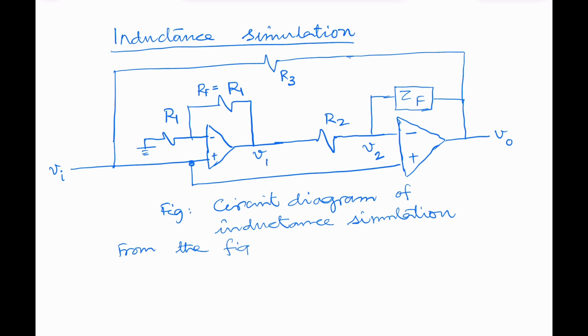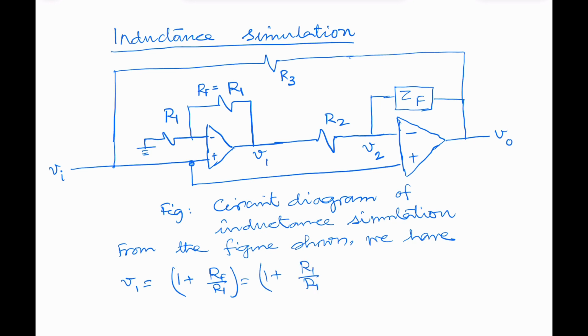From the figure shown, V1 is (1 plus Rf upon R1) into Vi, and as Rf is equal to R1, this is (1 plus R1 upon R1) into Vi.